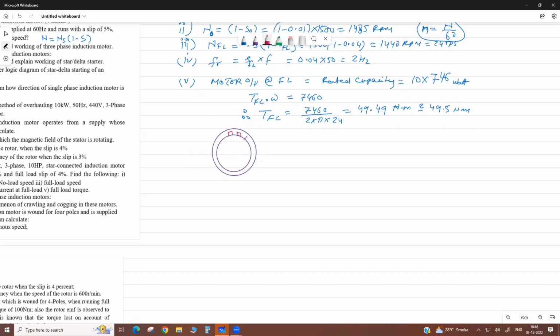That is called the stator teeth. Same here in the rotor part. This is the shaft, the rotor shaft. In the rotor also there are teeth, rotor teeth, and rotor slots like this.